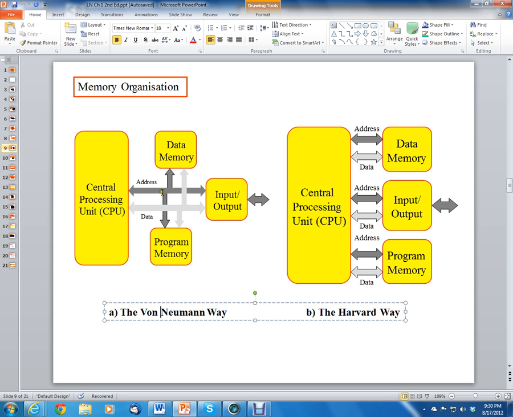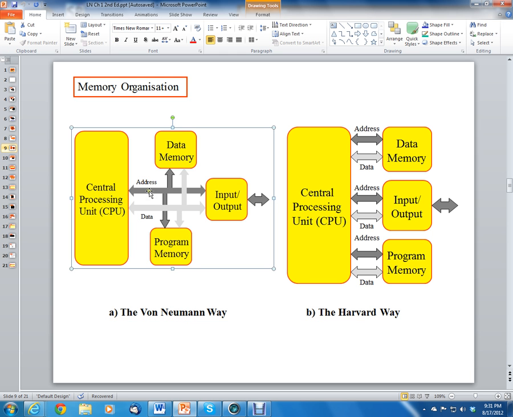And so you can share that memory with the same bus. So if you're a central processing unit, you want to talk to program memory, you have to go through the same address bus that your data memory is at, and also your input-output. It makes a very simple architecture for the computer. You only have to have one set of address lines and one set of data lines, but you can only access one block at a time.